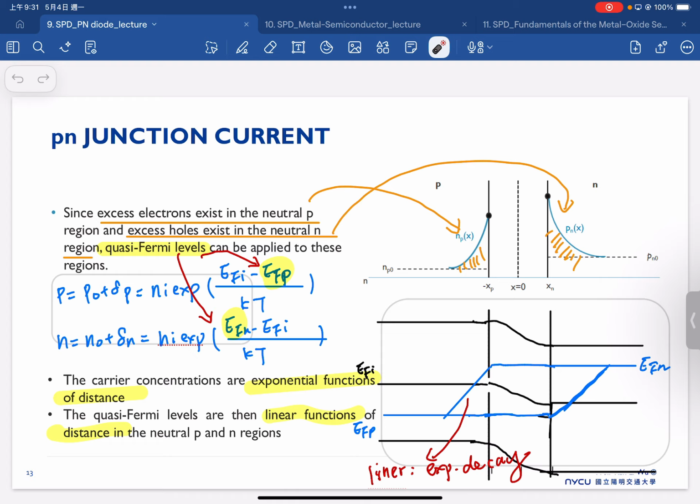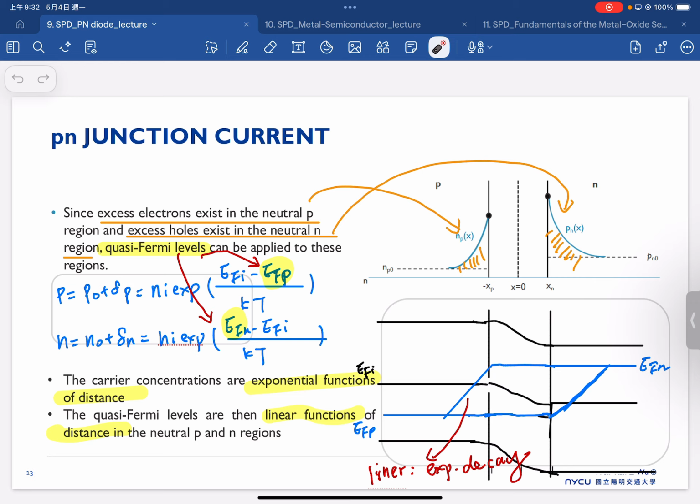Okay, so last time we started to talk about the PN junction current. We went through how we can use the concept related to excess carriers.